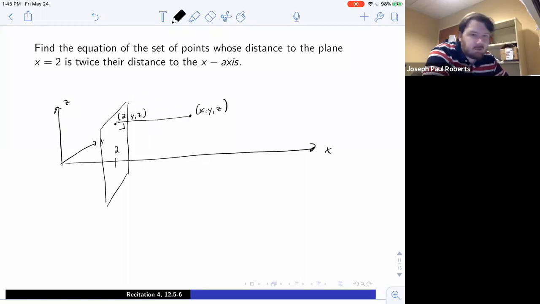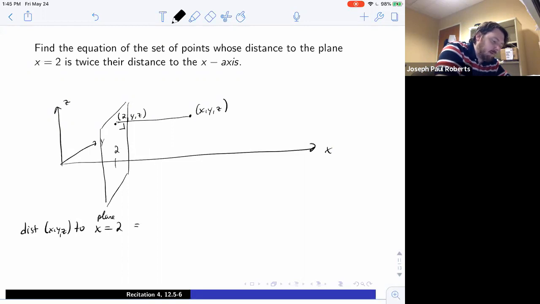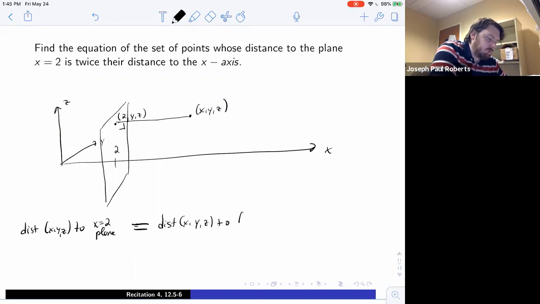So the distance from xyz to the x equals 2 plane equals the distance from xyz to 2, y, z, which now you can use the point-point distance formula.